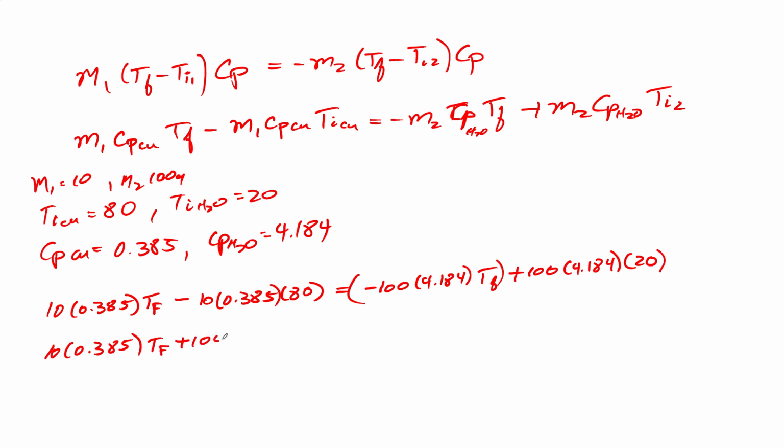Plus 100 times 4.184 TF, and that's my cat, plus 100 times 4.184 times 20, plus 10 times 0.385 times 80. We're looking for TF. So I had to move the cat.